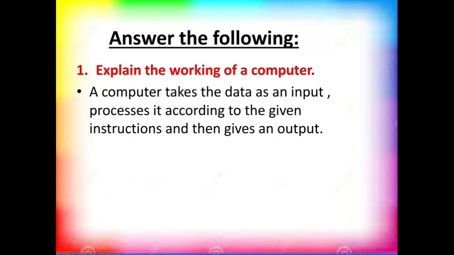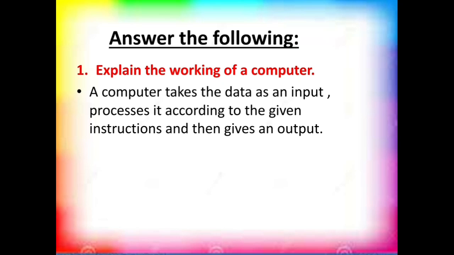So a computer takes an input, for example 2 plus 3. We have to give the instruction. It processes it according to the given instruction. What do we have to say? We have to add these two numbers. Then it will produce the output. So working of the computer means a computer takes the data. Data means information.